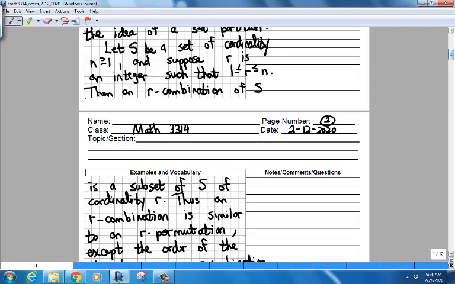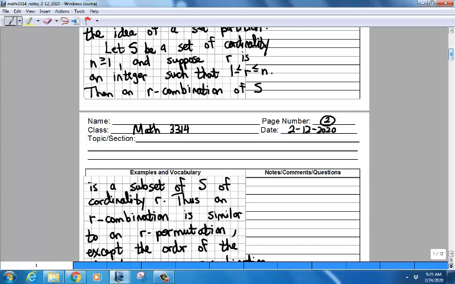Suppose you have a set. It's got to have at least one element in it. I suppose you can make these definitions with the empty set, but it's a boring definition. So suppose you've got a non-empty set, and you pick some integer that is at least 1 but less than or equal to the size of the set, so any integer between 1 and the size of the base set you're working from.